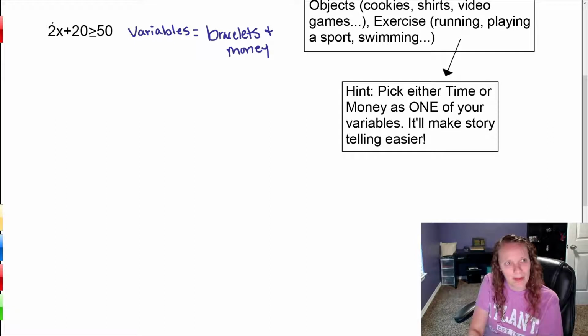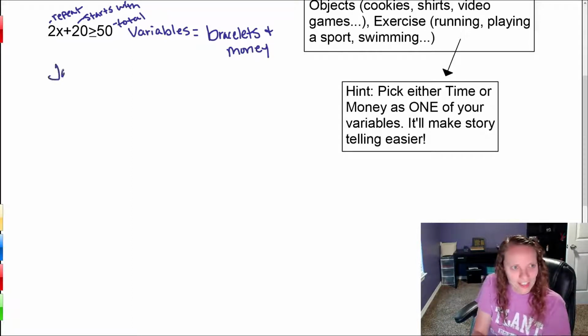So let's keep in mind 2 has to repeat. 20 is like our starting number. And then 50 is like our total.